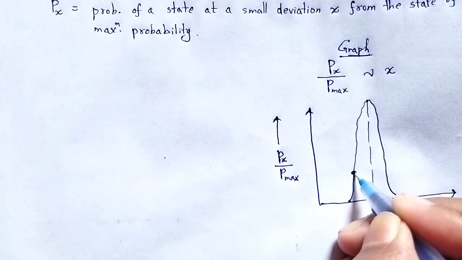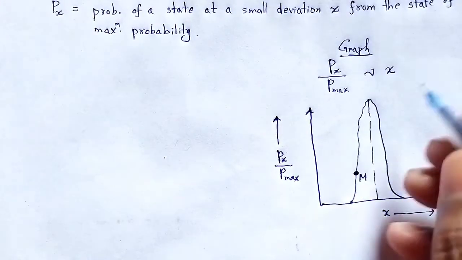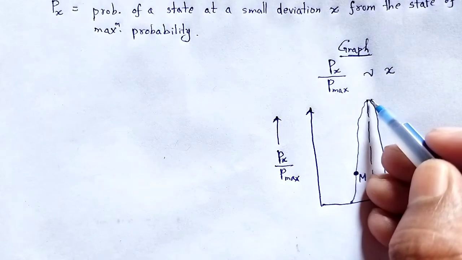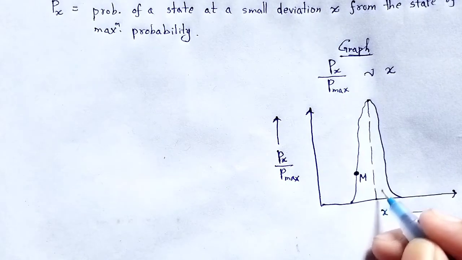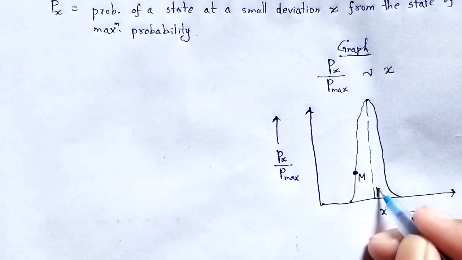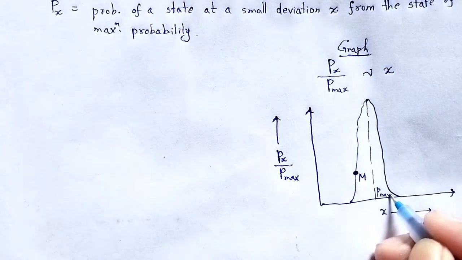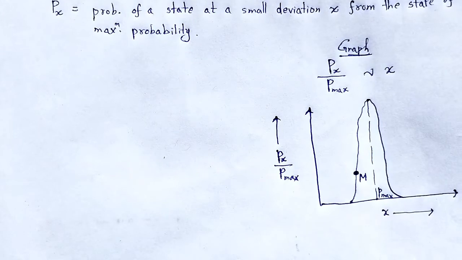Here let us consider a point M. This is the maximum probability, the point Pmax is here.